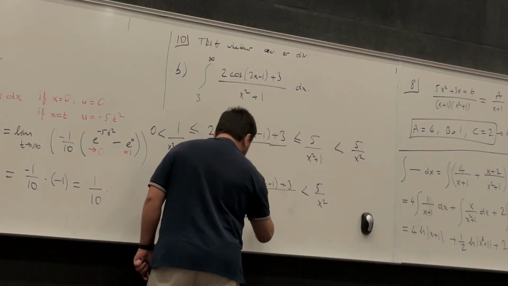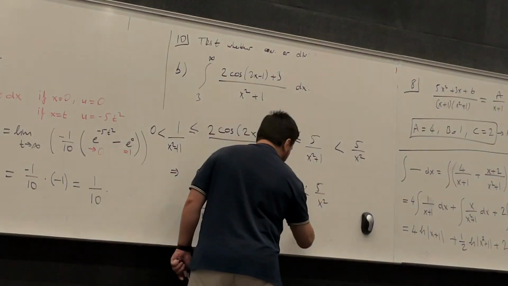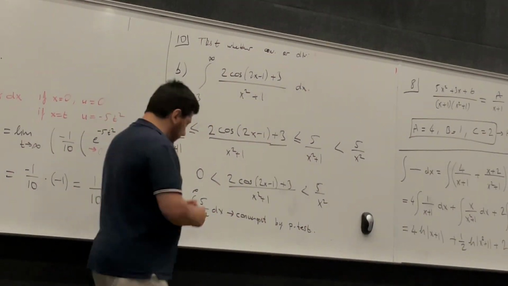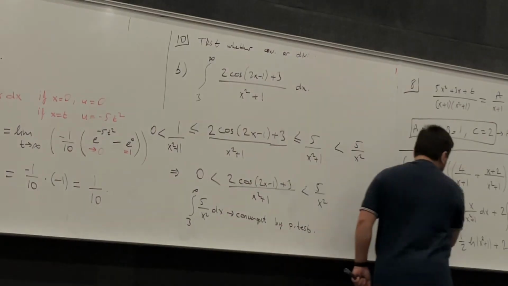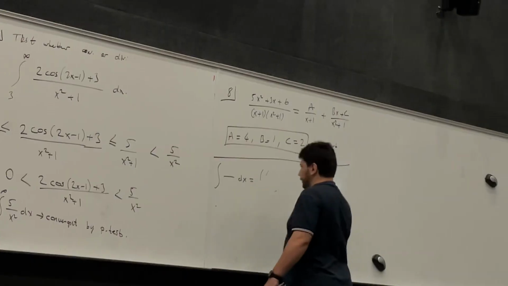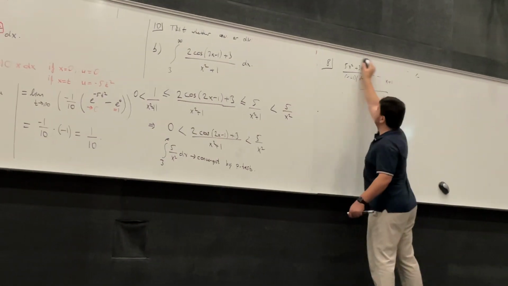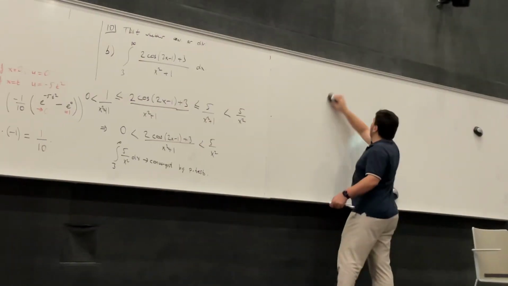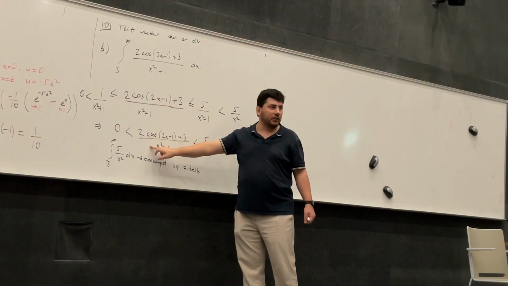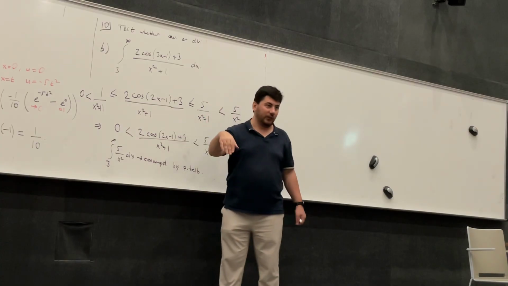But Professor, should we do that step? The step that you just did? Yes, of course. Therefore, we found that something bigger than our function is convergent. And our function is bounded by 0, so it can't go to negative infinity.